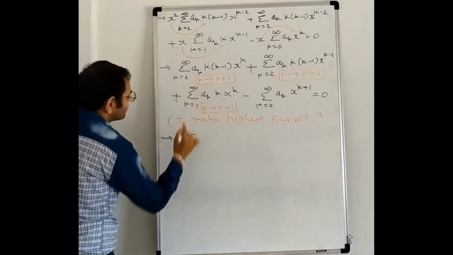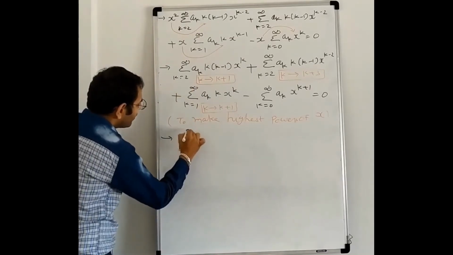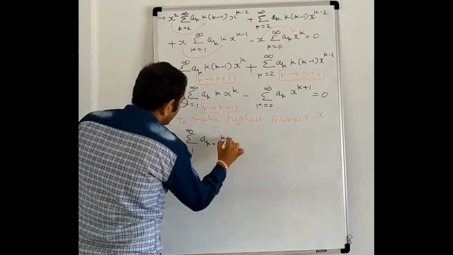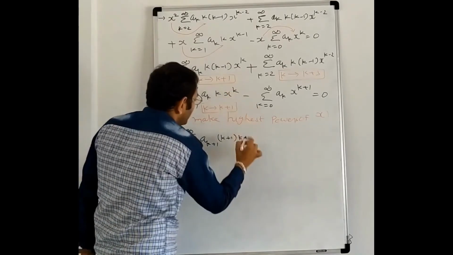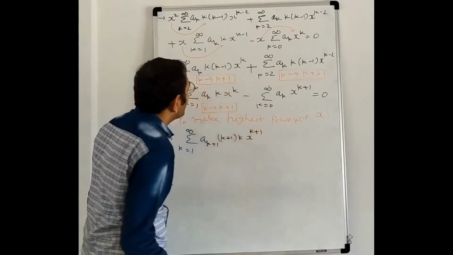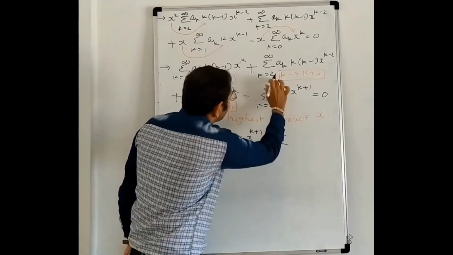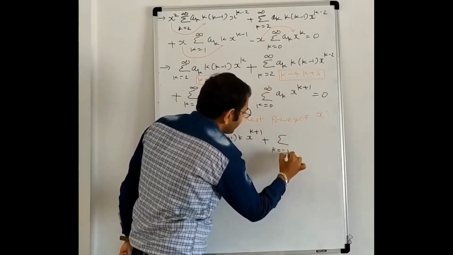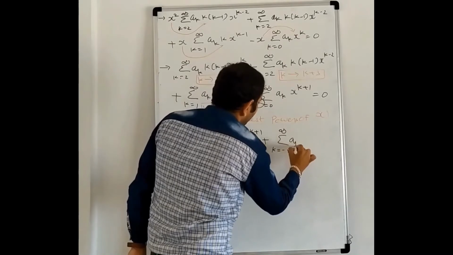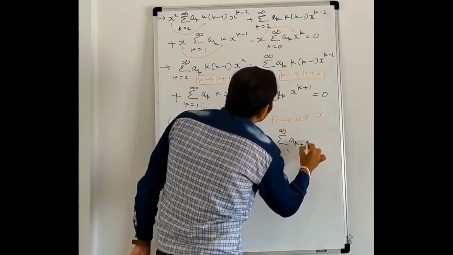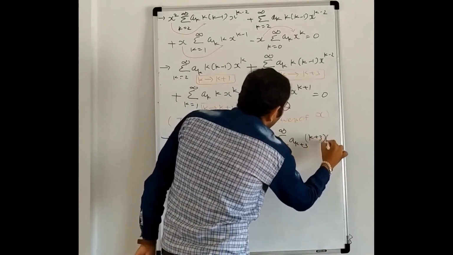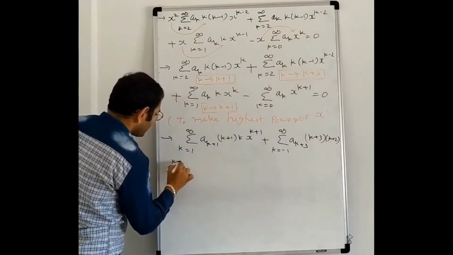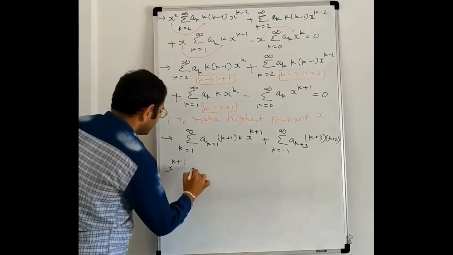Then first term summation limit is k equal to 1 to infinite, (k plus 1) into k x raised to k plus 1. In second term summation limit will be changed, k equal to minus 1 to infinite, (k plus 3)(k plus 2) into x raised to k plus 1.